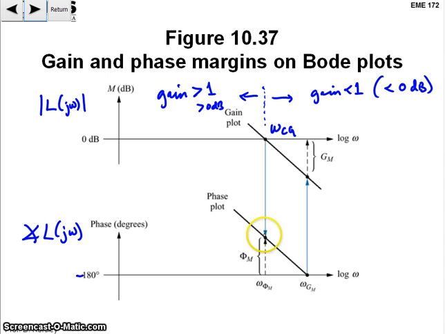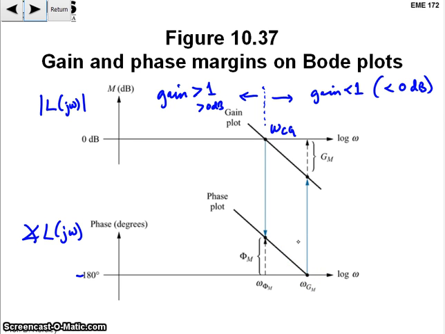We drop down to the phase plot, and we see that the phase has not yet crossed through minus 180 degrees. So everywhere that the loop transfer function has a gain greater than 1, the phase is not yet inverting, because the phase plot has not yet crossed through minus 180 degrees.